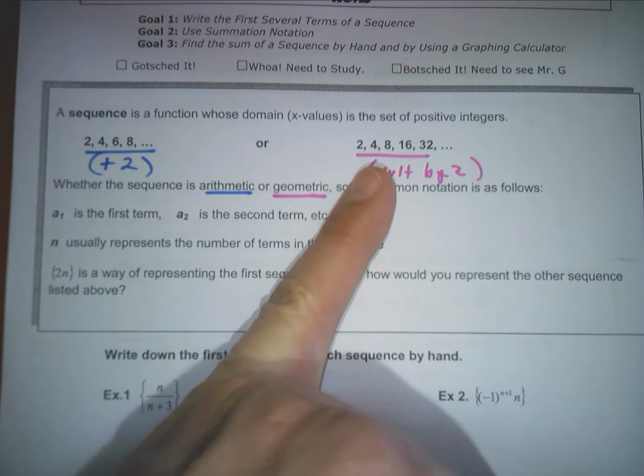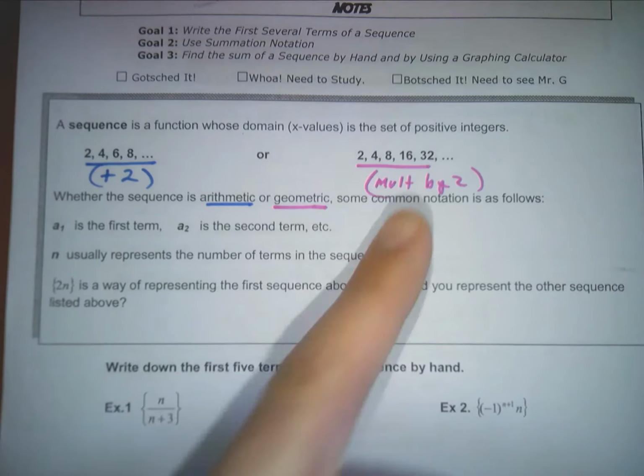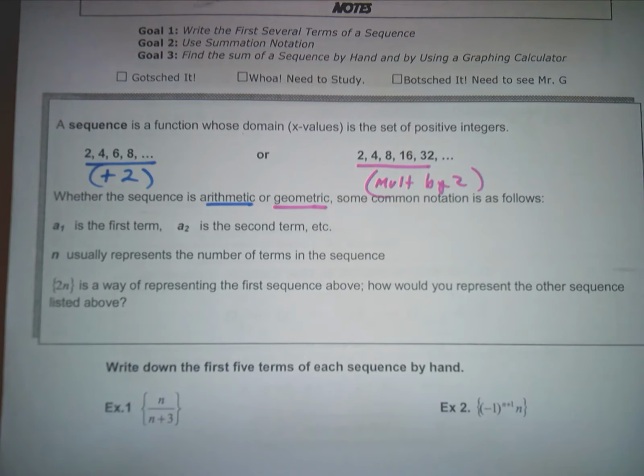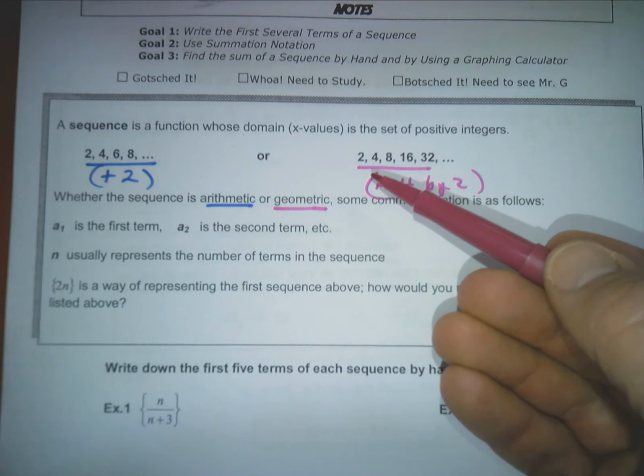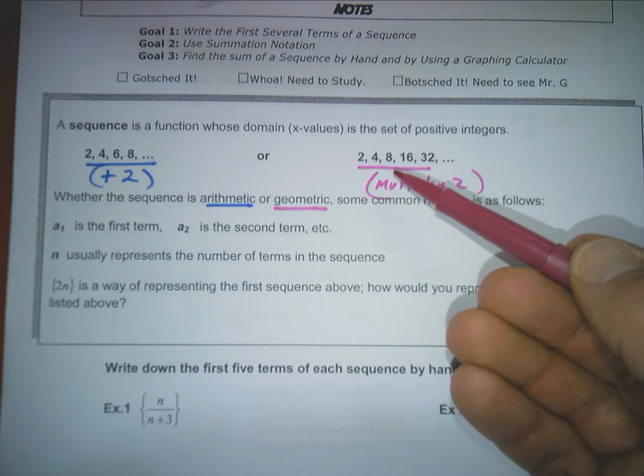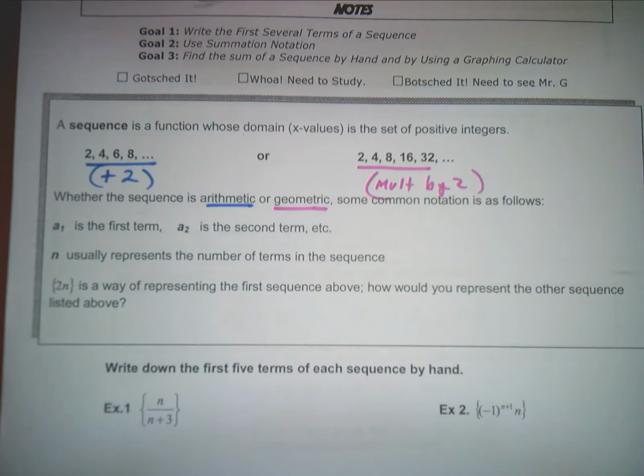What's the formula that would represent 2, 4, 8, 16, 32? So I plug in 1 and I get 2. I plug in 2 and I get 4. I plug in 3 and I get 8. So think of an equation that when I plug in 3 I get 8. When I plug in 4 I get 16, and so on.